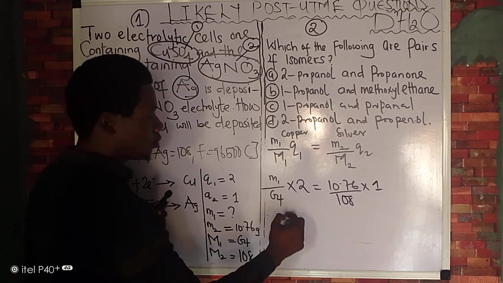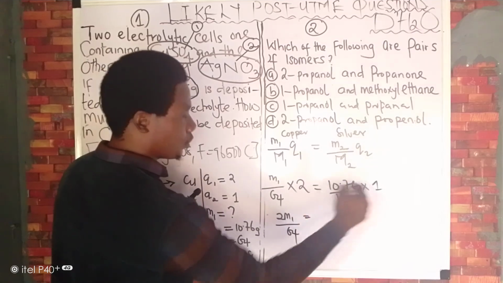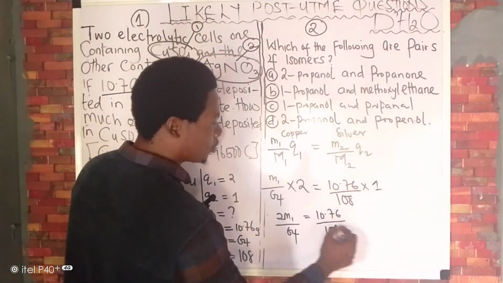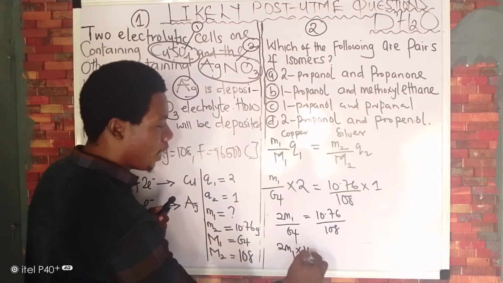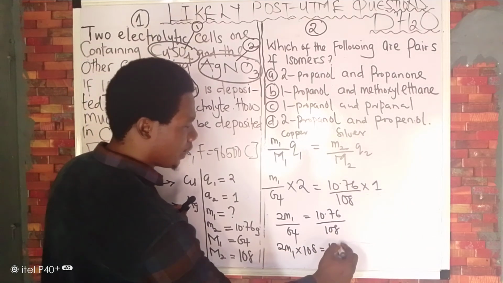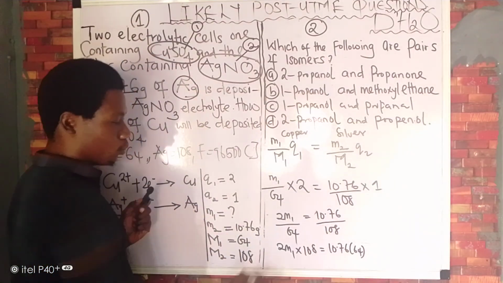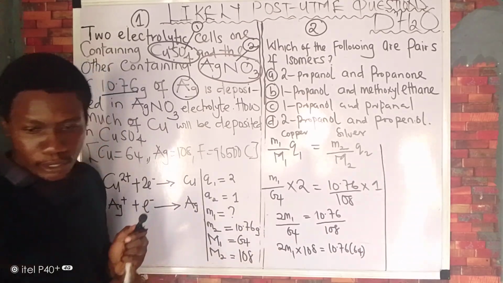M1 times 2, 2M1 over 64 equals 10.76 over 108. So let's cross multiply. You have 2M1 times 108 equals 10.76 times 64. We just cross multiply this way.